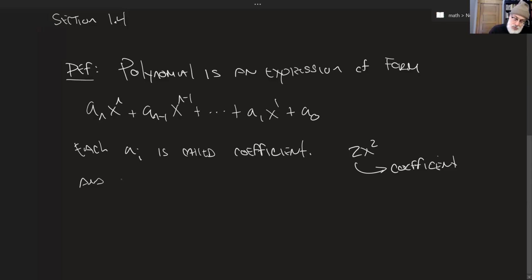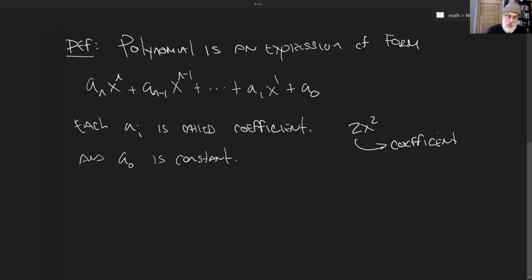And a sub 0 is constant. It isn't being multiplied by a variable, so we call it constant. The x's are variables, each one, meaning we can replace these x's with some real number, and then the polynomial expression will have a value.